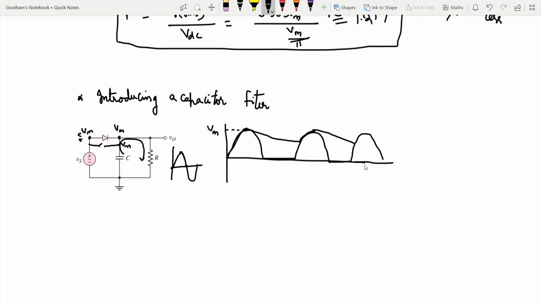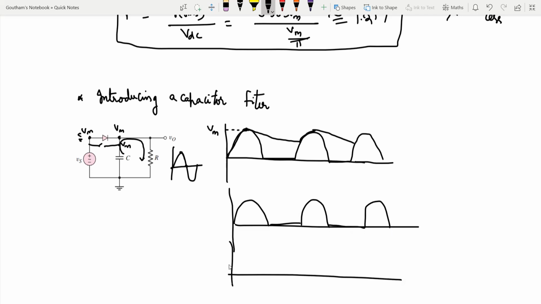If you consider the two outputs, the half wave rectifier without the capacitor is something like this, and the half wave rectifier with the capacitor is doing something like this. If you compare these two, our main objective is to go from an AC signal to a DC signal.